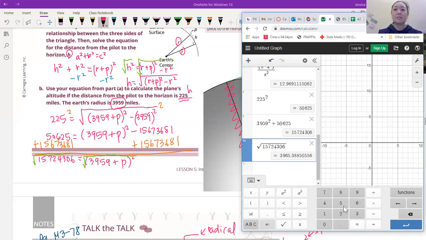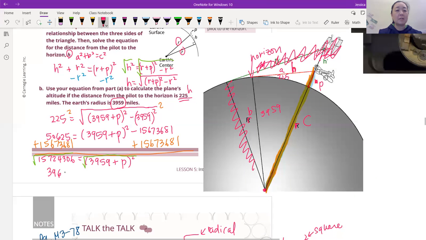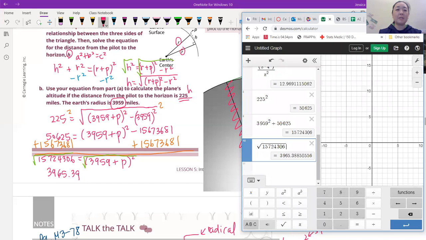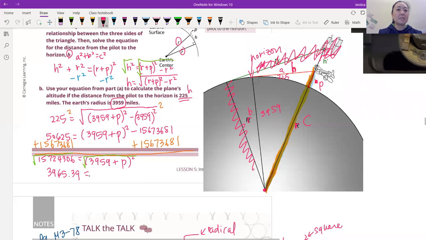And we get about 3965.39. I believe it's 0.39. Yep, it is. And that is equal to 3959 plus P.